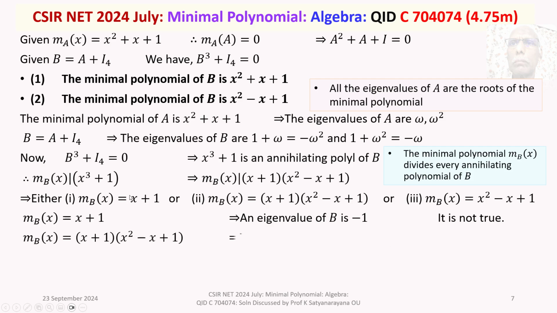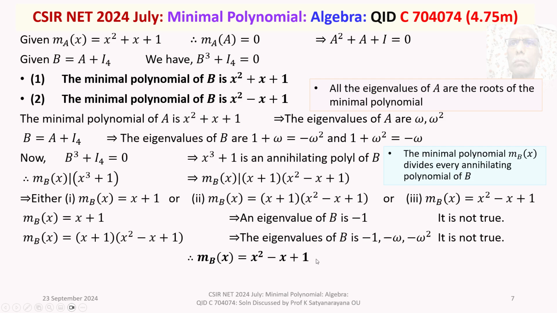If the minimal polynomial of B is (x plus 1) into (x square minus x plus 1), then the eigenvalues of B would include minus 1, which is not true because minus 1 is not an eigenvalue of B. So therefore, the minimal polynomial of B is x square minus x plus 1.